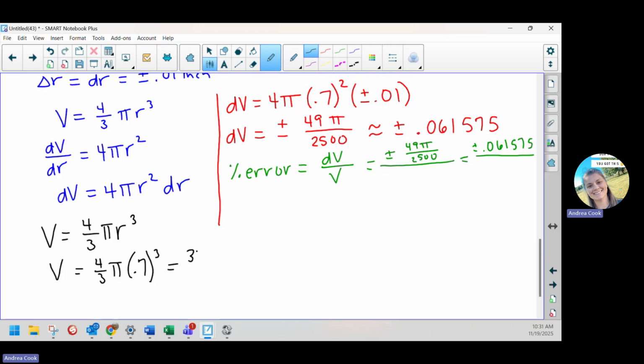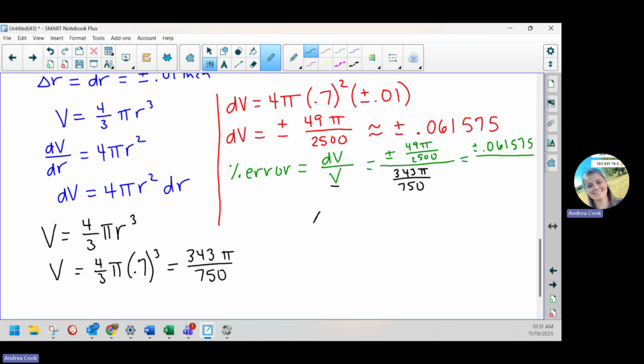You should get 343 pi over 750. So now I can plug that back over here for V. So my V is 343 pi over 750. I don't know what that is as a decimal, sorry.